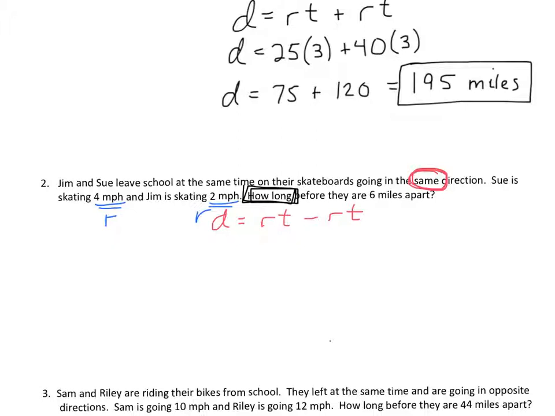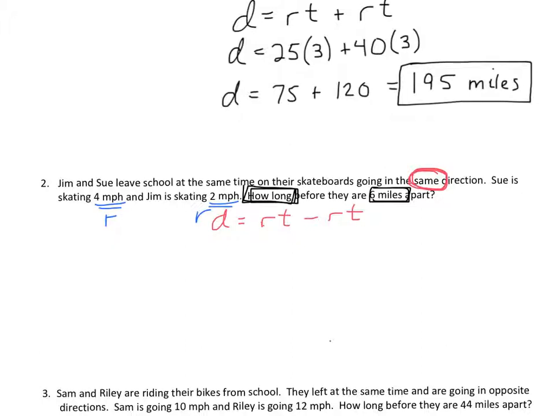What variable will we not know? Let's call on Diego. Diego, how long? Good, Diego. Yeah, we're looking for a distance. No, we're wrong because they gave us a distance right here, 6 miles apart. So they actually want to know the time. The time is what we don't know.